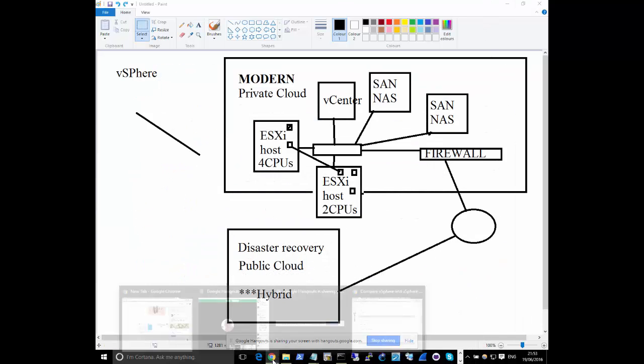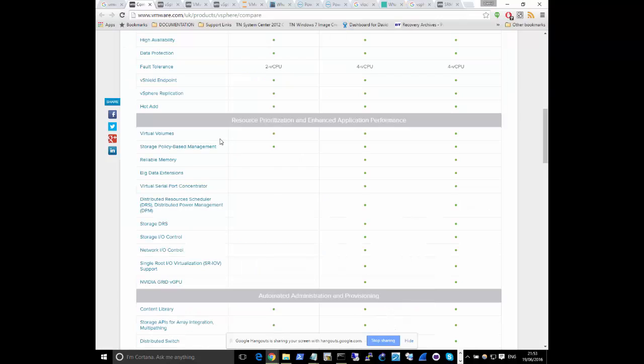But again, if we go back to this one, you can see this is supported also on standard. Reliable memory, VMware vSphere reliable memory places critical vSphere components such as the hypervisor into memory regions identified as reliable and supported hardware. This is more of a security feature. I think I've read about this a lot before I did my own exam.